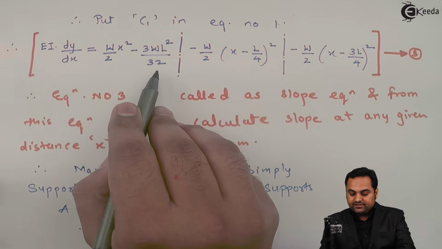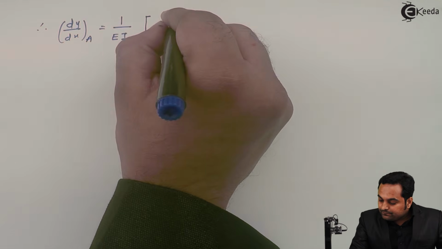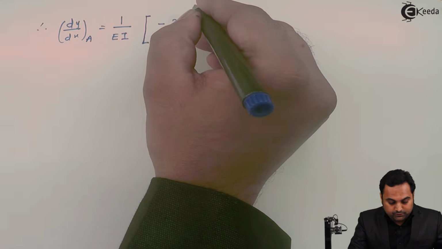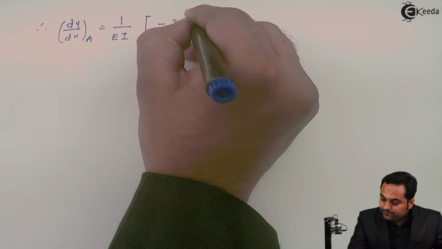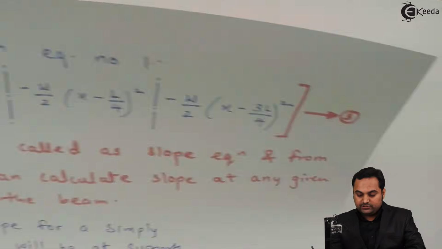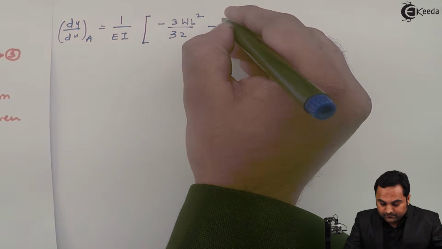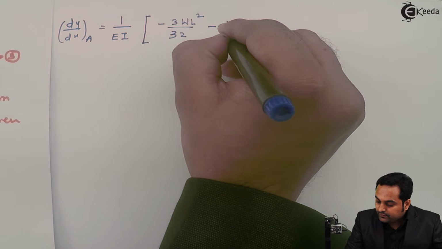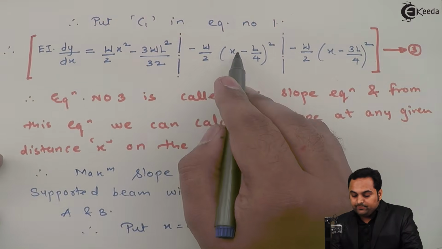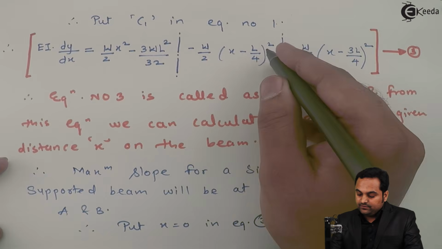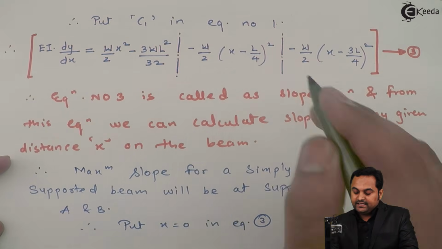So here I have minus 3 by 32 into WL cube by L square, it is WL square. Next minus W by 2. Now x, if I put 0, here I have minus L by 4 square, so that becomes L square by 16.